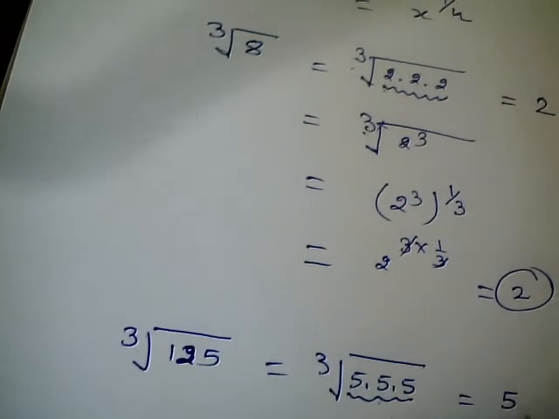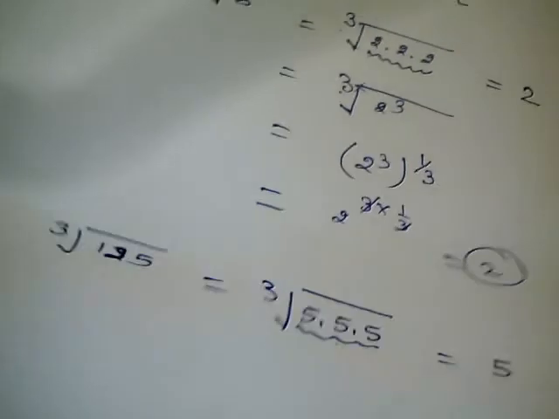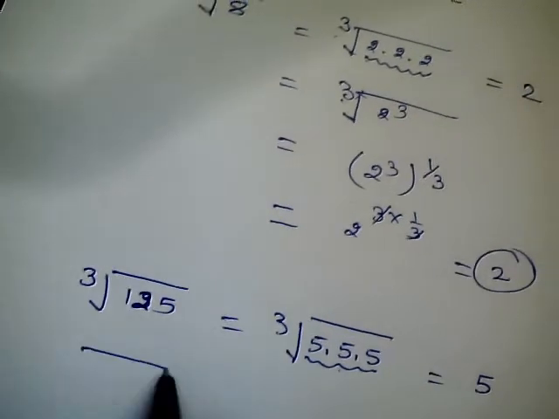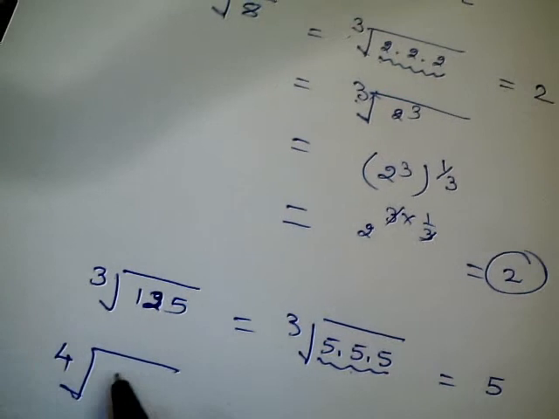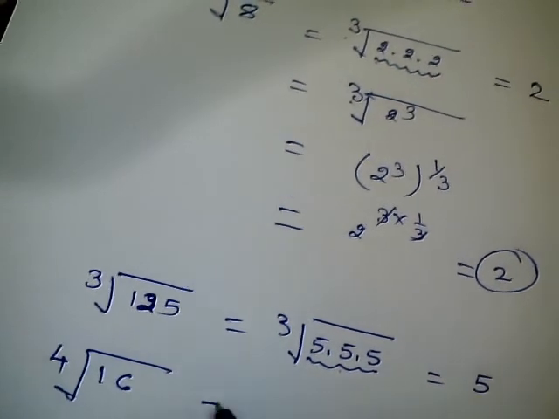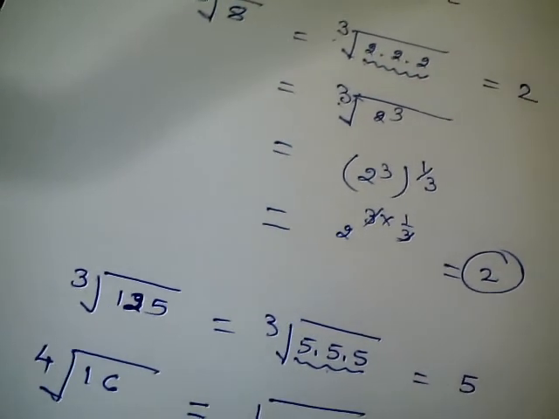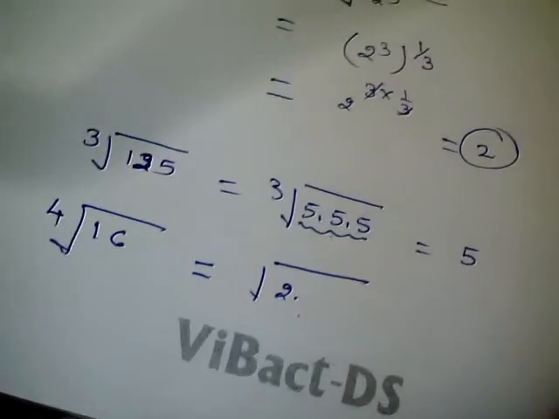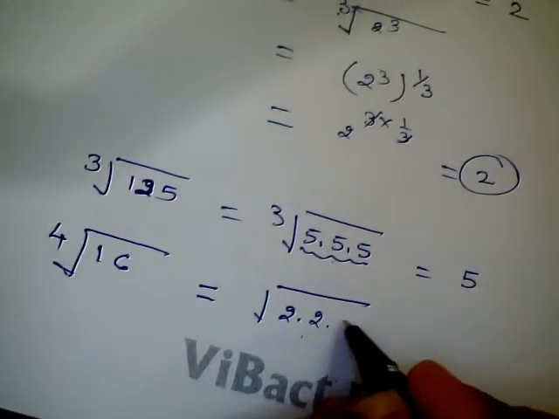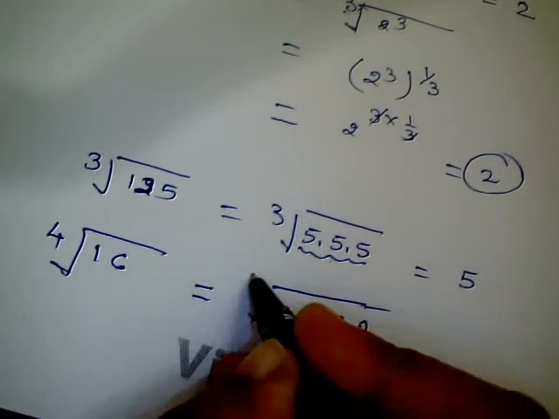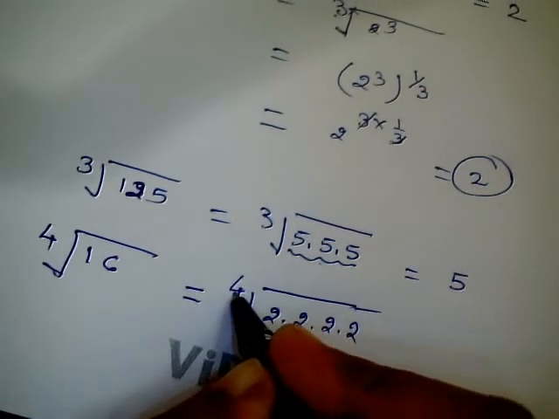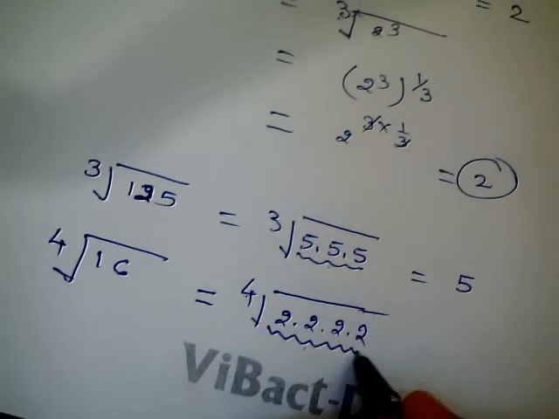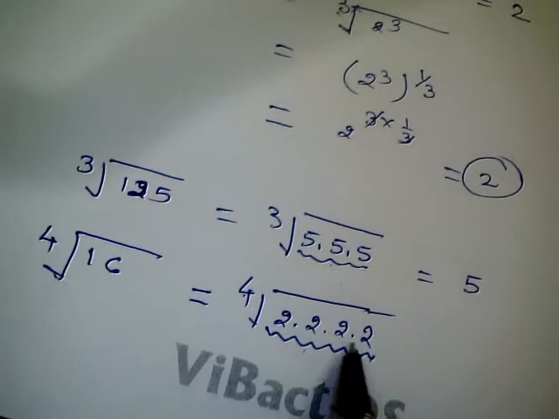Suppose the index is 4 and the number is 16. When you factor it out, it is 2 times 2 times 2 times 2, because here the index is 4, and to cancel out this index 4, any number should appear 4 times. So one number itself is going to be the answer, correct?